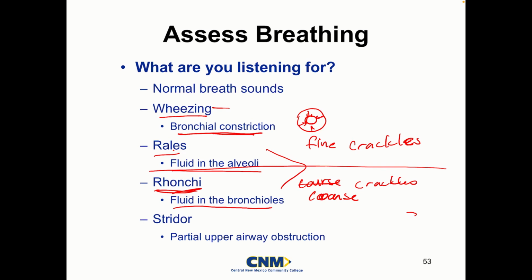So it's a little bit higher in the airway. Larger airway spaces, so larger bubbles are making their way through and causing the crackles. So rhonchi are called coarse crackles, rales, fine crackles. And you can, by the way, have both present in patients that have fluid in their bronchioles and in their alveoli. Stridor is another high-pitched sound, but this happens in the upper airway.